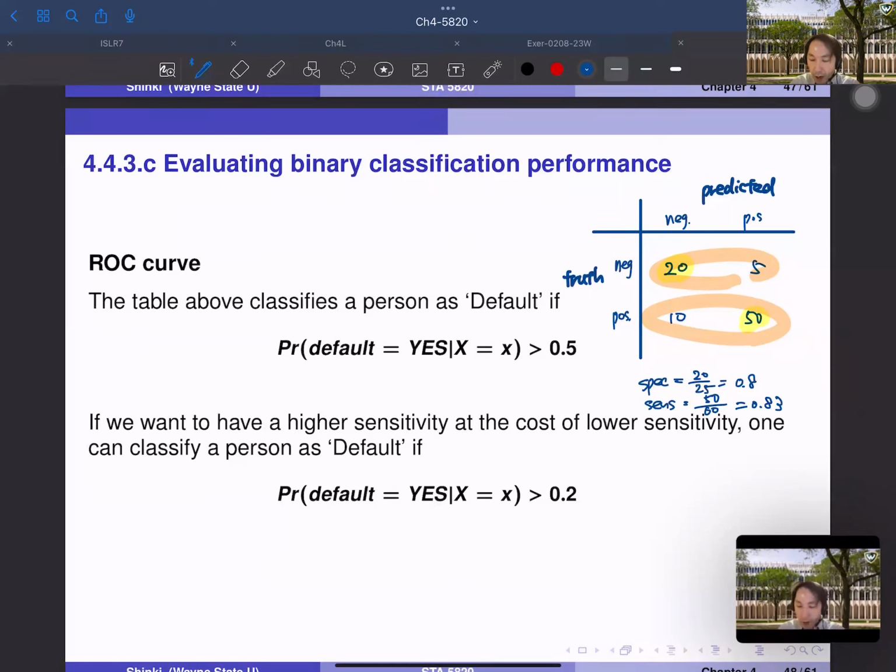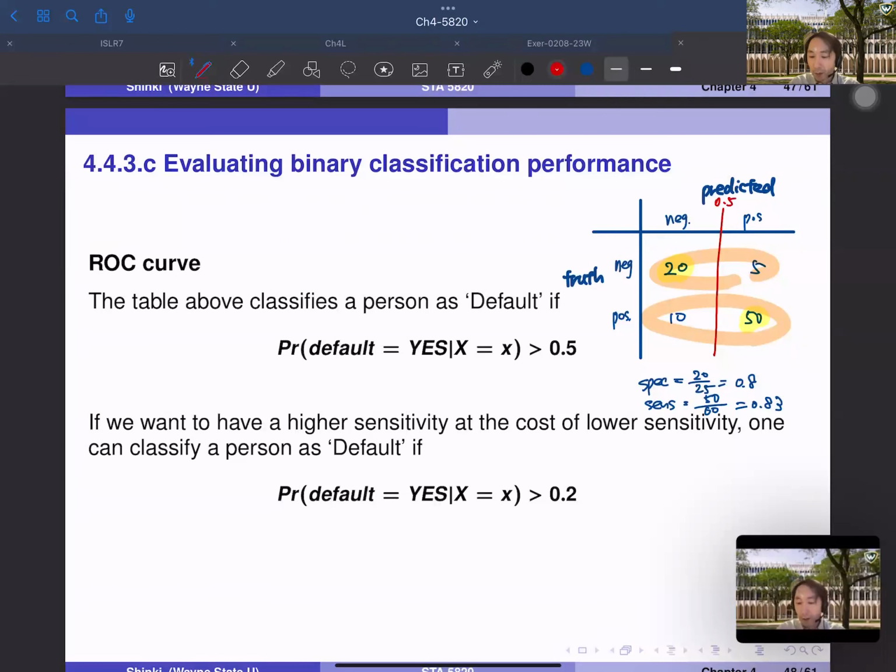And okay, so now we consider where is the threshold between predicted negative and predicted positive. The most natural choice is probability of 0.5.